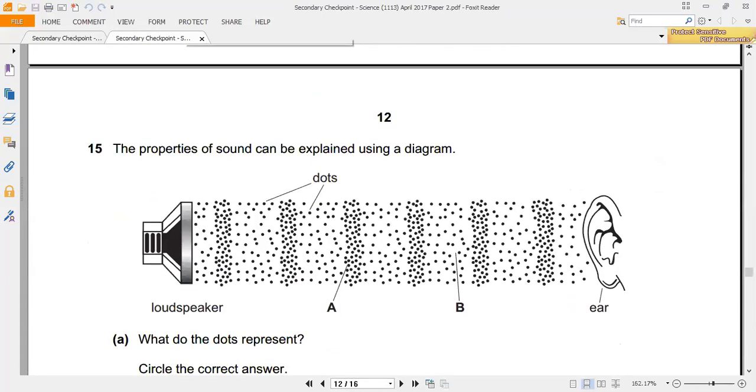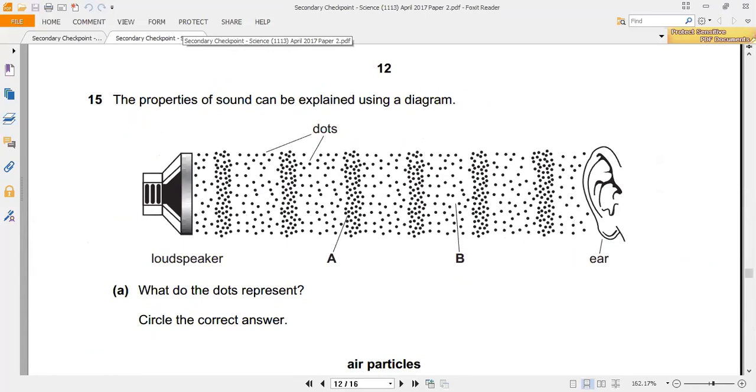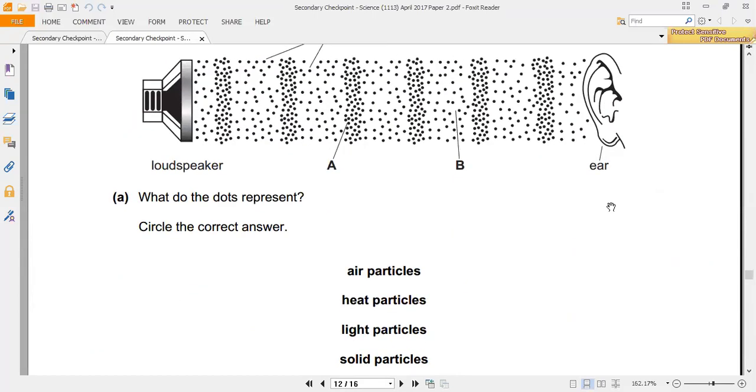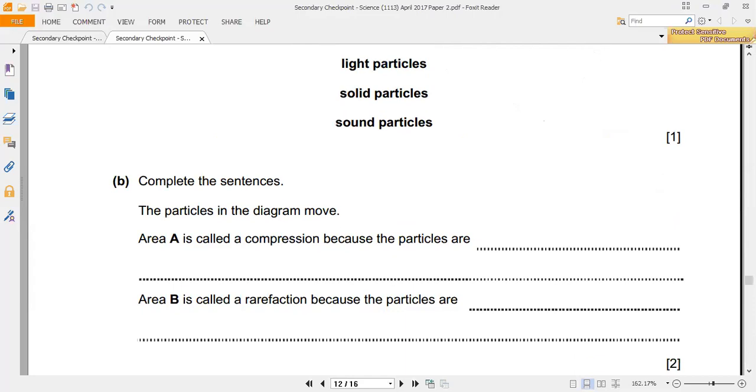Question number 15 is about sound. The properties of sound can be explained using a diagram. Here's the loudspeaker, and we have A and B. Those are dots, the particles of the medium, and here is the receptor, the ear. What do the dots represent? Circle the correct answer. Of course, air particles. C: complete the sentences.